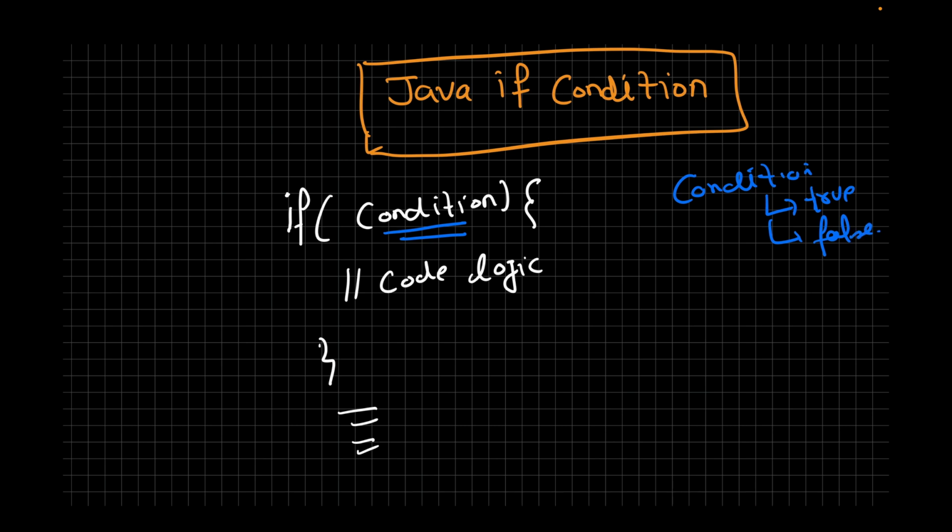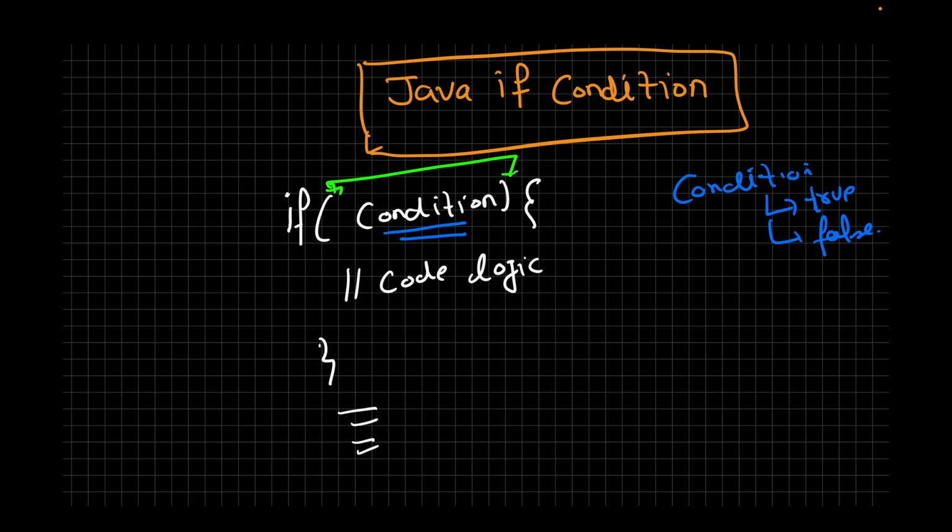So whatever condition you are writing inside your if block, this should evaluate to a boolean value. It cannot be something else, because this is a simple if condition.